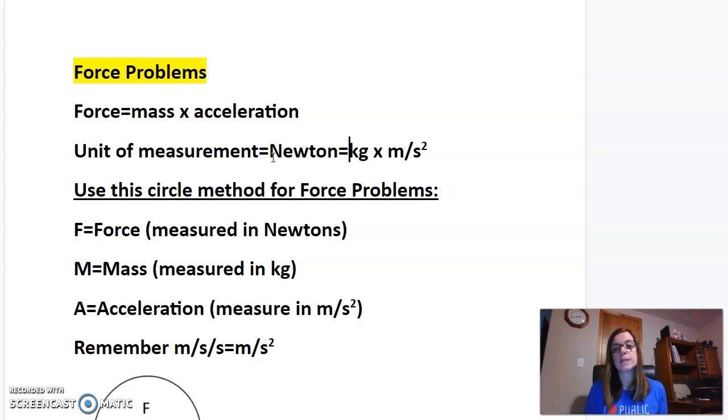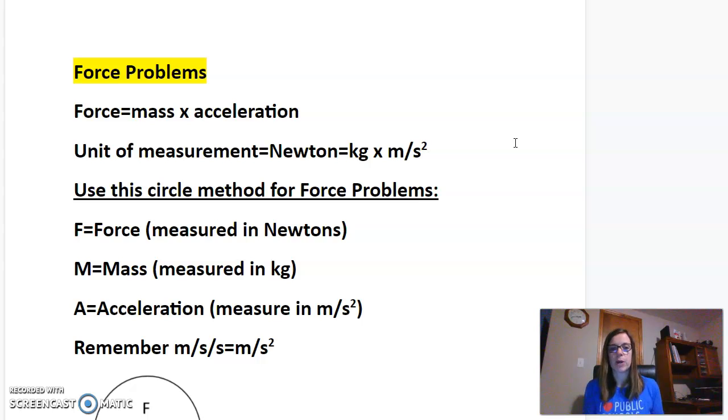And a newton is equal to a kilogram times a meter per second squared. So kilogram goes with our measurement for mass, and meters per second squared is an acceleration measurement. So a kilogram times a meter per second squared would be equal to a newton.